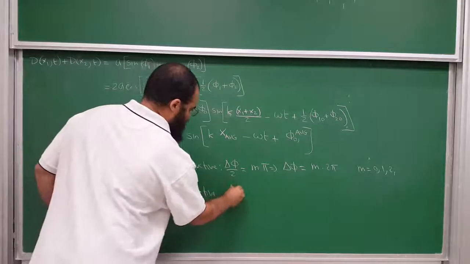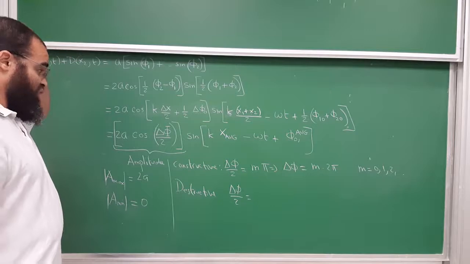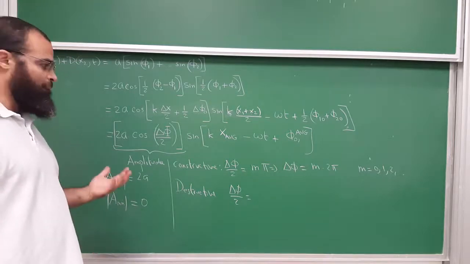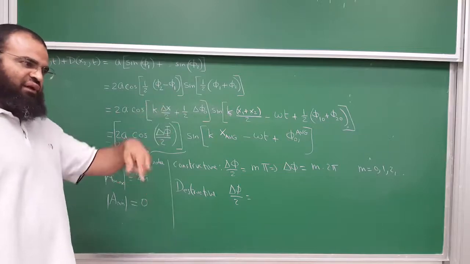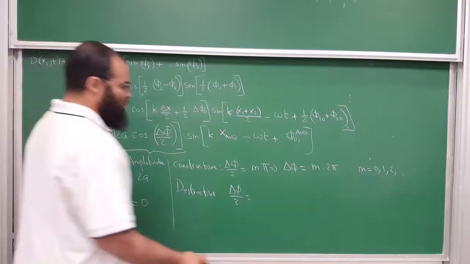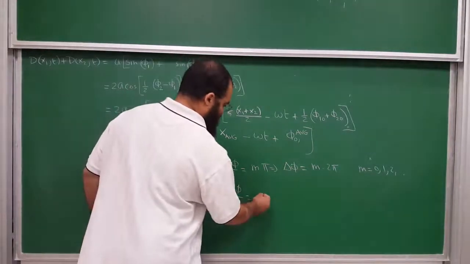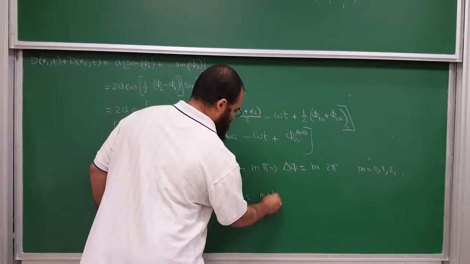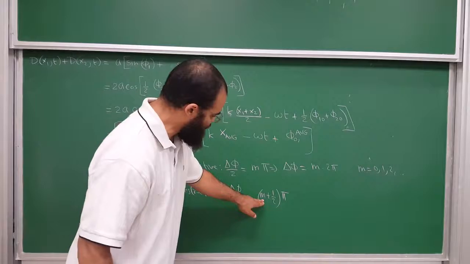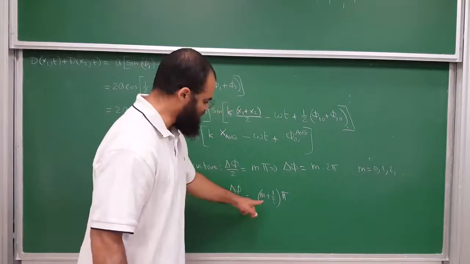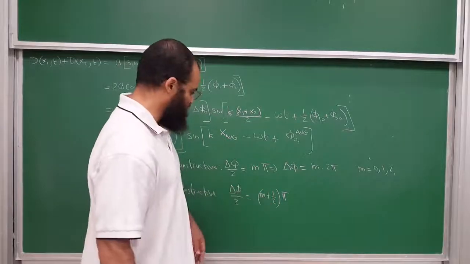Destructive, if the delta phi over 2, when is the cosine equal to 0? Well, it's equal to 0 at pi over 2, 3 pi over 2, right, 90 degrees, 270, and so on. So it's m plus 1/2 times pi. Notice, if m is 0, you get half pi. If m is 1, you get 3/2 of pi, which is 270, and so on.